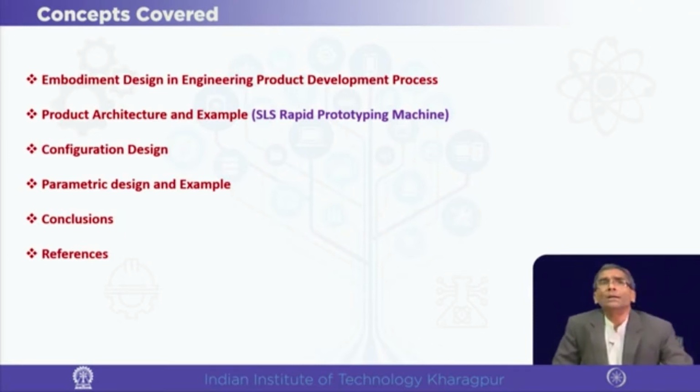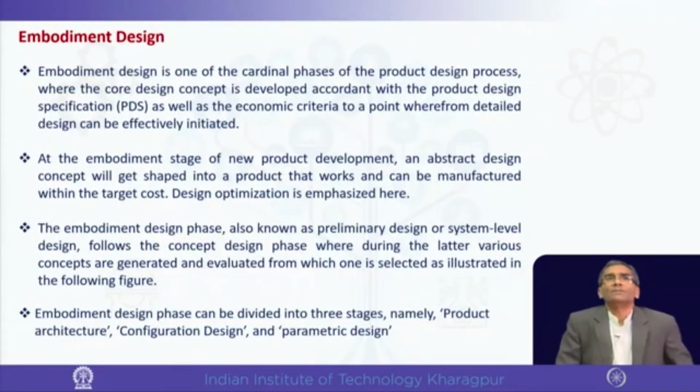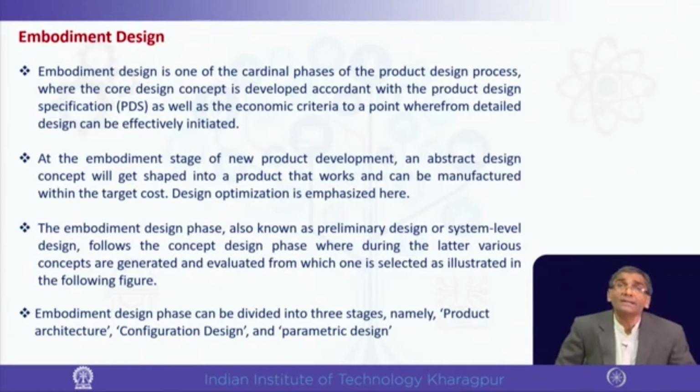As we proceed, first let us have a broad idea of what embodiment design is, and then its components, product architecture, configuration design and parametric design, will be discussed. It is one of the cardinal phases in product design. As you would recall, we had functional design, then conceptual design, then embodiment design, and then we will proceed to the detailed design, but for now we will go up to parametric design in this session.